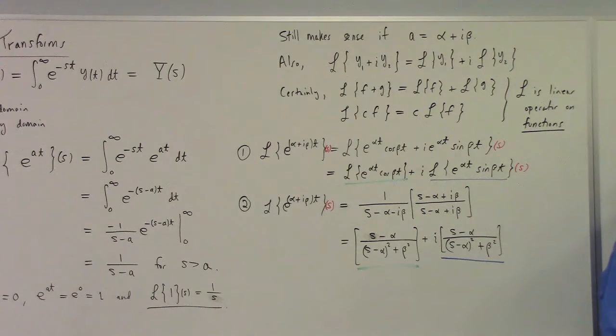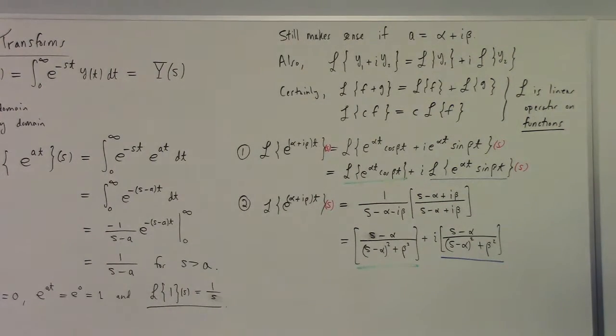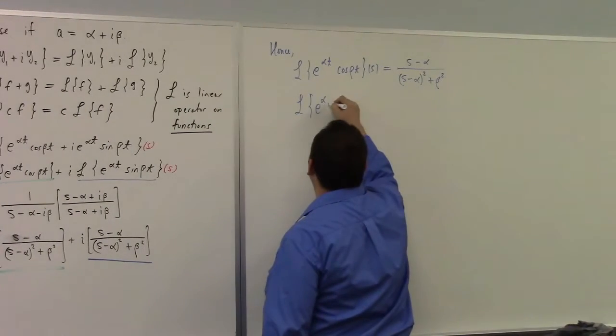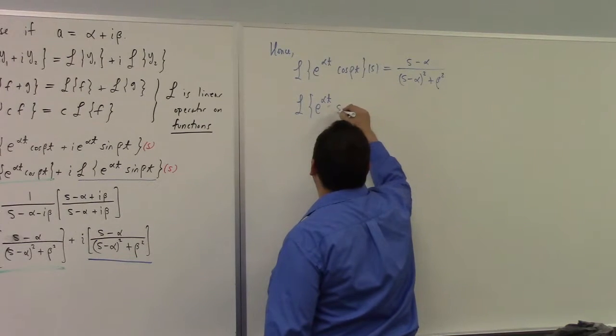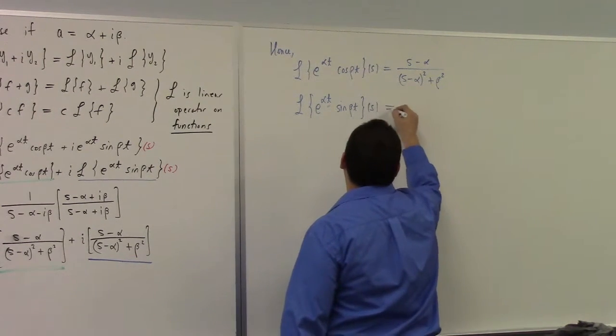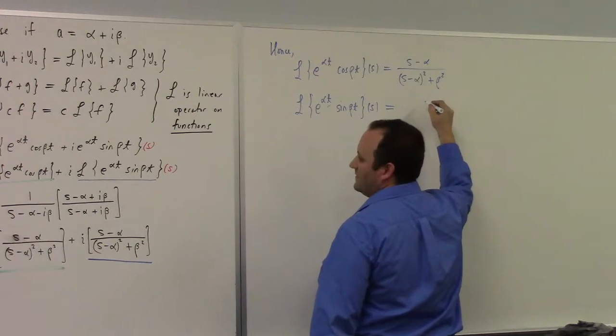The Laplace transform of e to the alpha t cosine beta t of s is equal to s minus alpha over s minus alpha quantity squared plus beta squared. And the Laplace transform of e to the alpha t sine beta t of s is equal to, what did I just say?